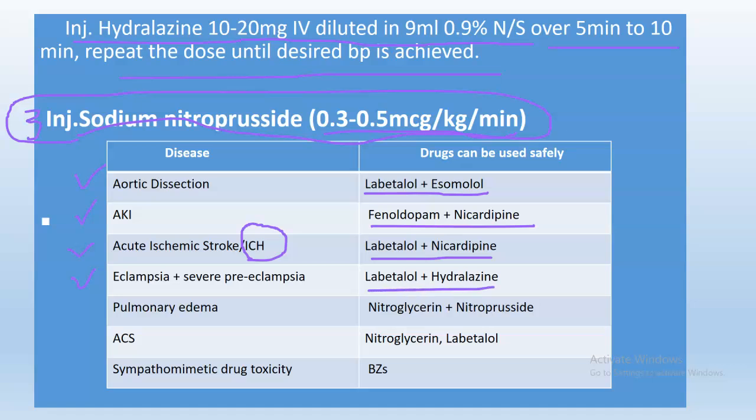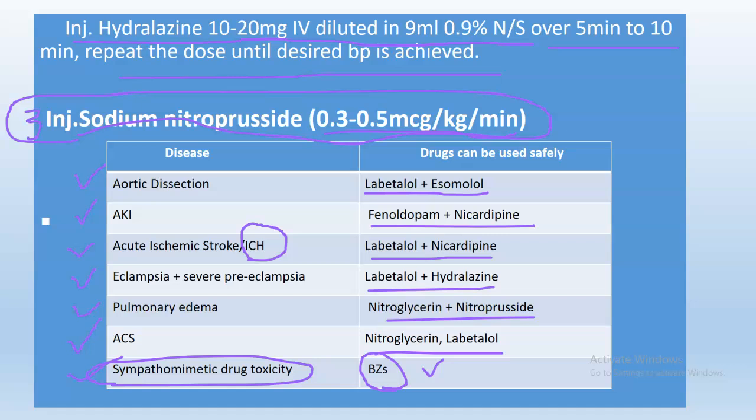Next is eclampsia and severe preeclampsia. Labetalol and hydralazine should be selected safely. Then for pulmonary edema, nitroglycerin and nitroprusside should be selected. Next will be ACS, and then the most important one is sympathomimetic drug toxicity. Here, none of those drugs is used; the most likely one used is benzodiazepines.